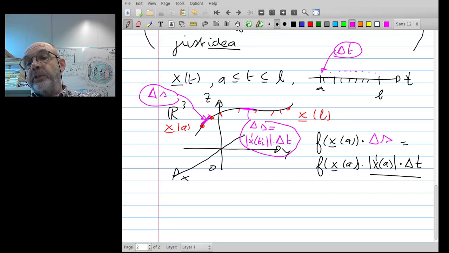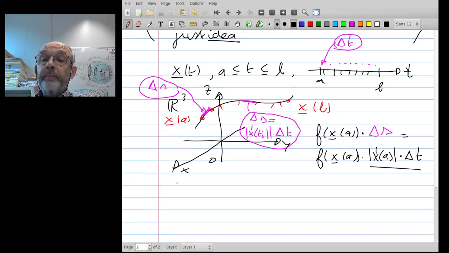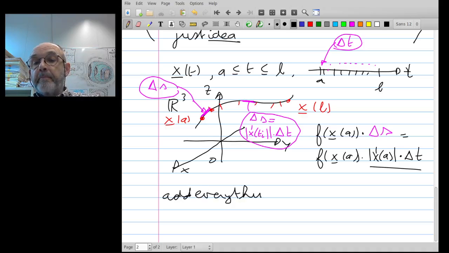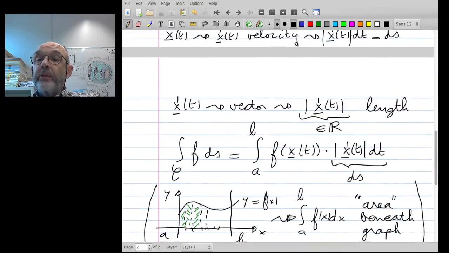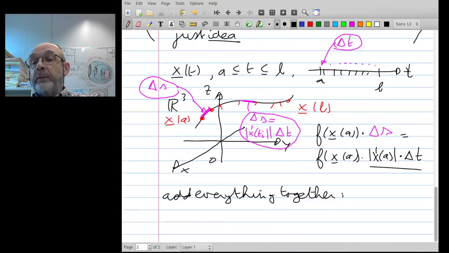So you can add all those things together, and if you add everything together, you get your integral, and we have just written it down, and that gives you that formula.